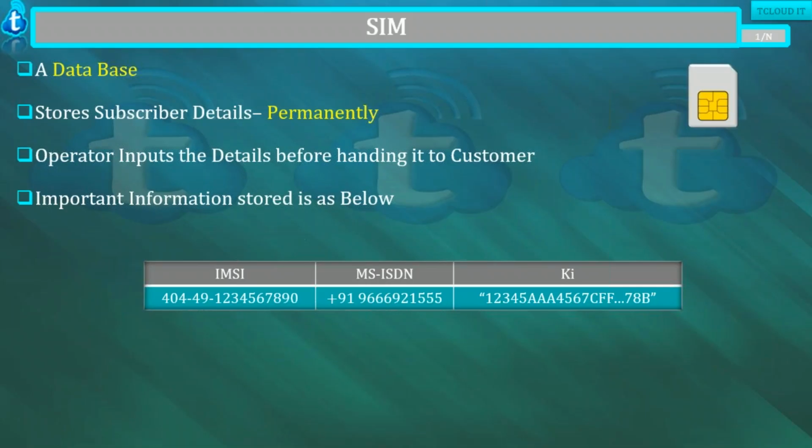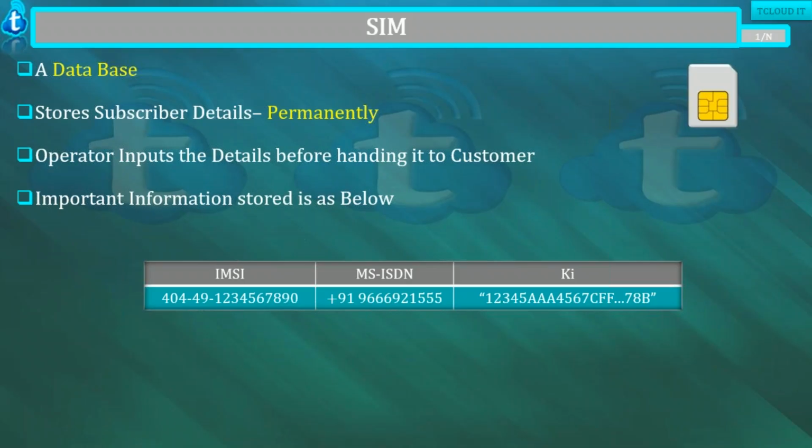Now, why two numbers? Why is one number not sufficient? They started thinking that if we use one number and that number appears everywhere, there is a possibility that people's identity or information can be compromised if the same number is appearing everywhere.